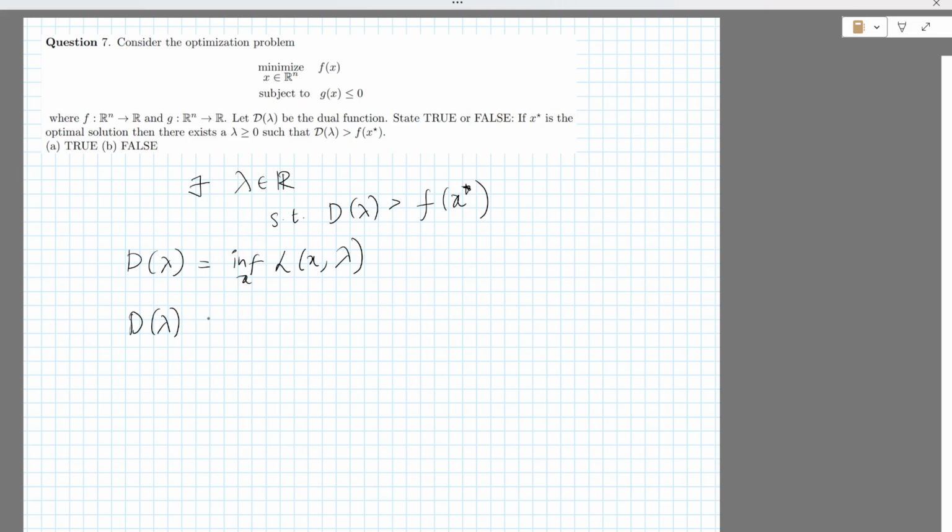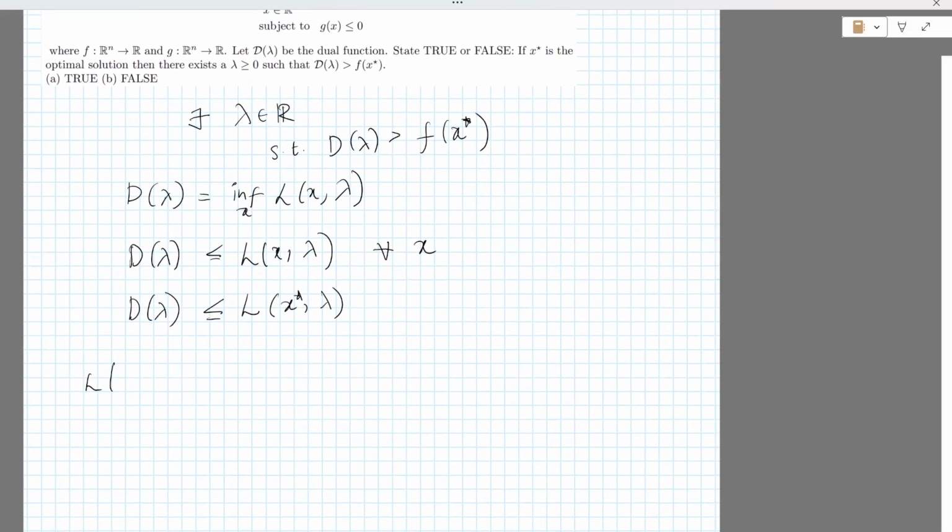So d lambda is less than or equal to L of x, lambda for all x. That means this is less than or equal to L of x star also, the optimal value.